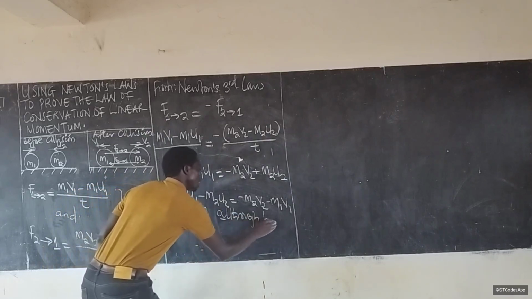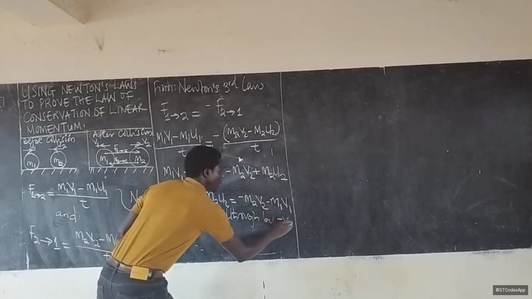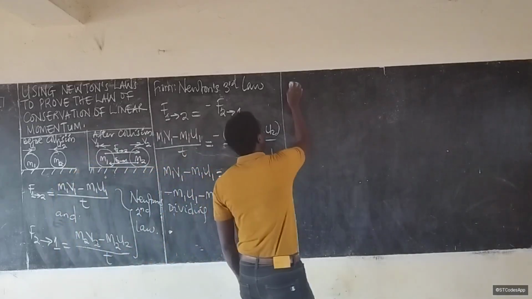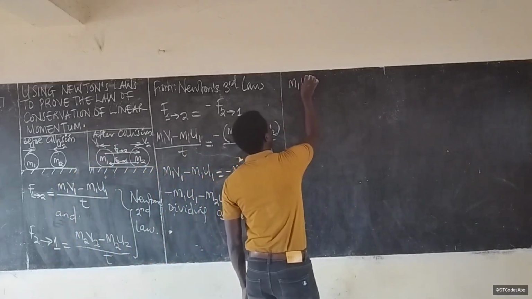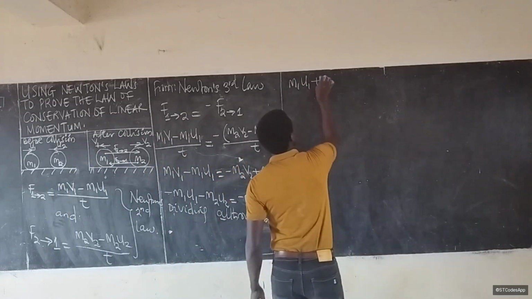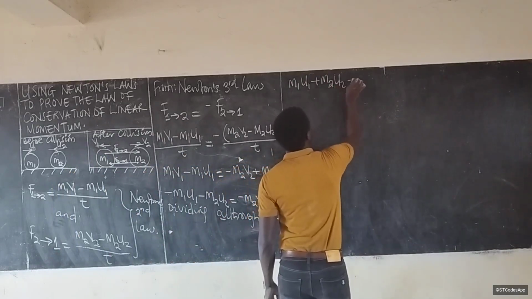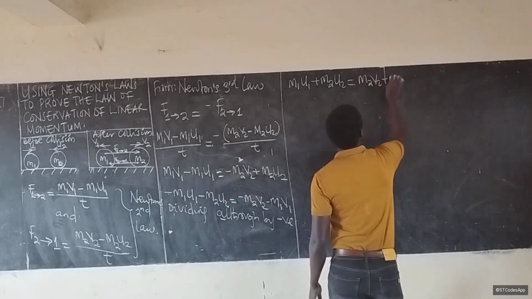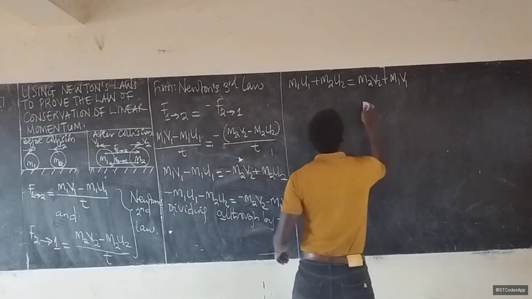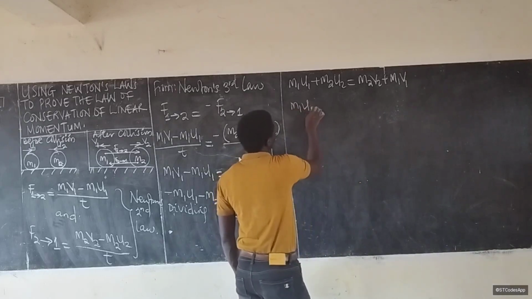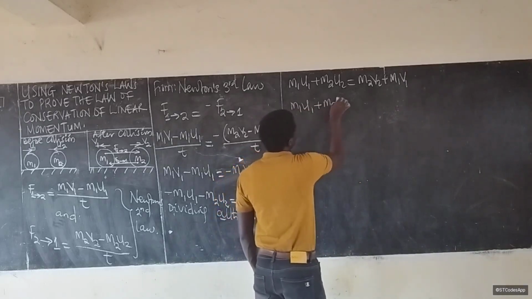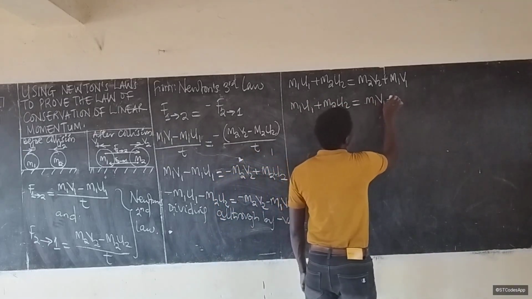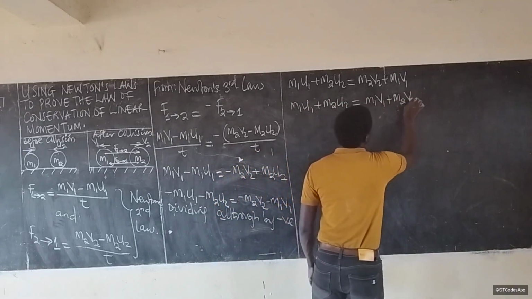When I divide all through by negative, I'll have m1 u1 plus m2 u2 is equal to m1 v1 plus m2 v2.